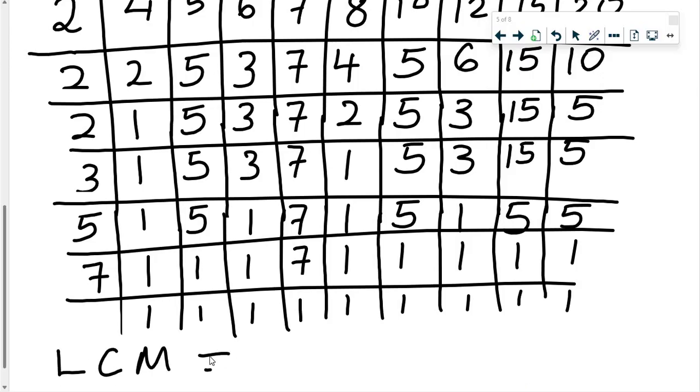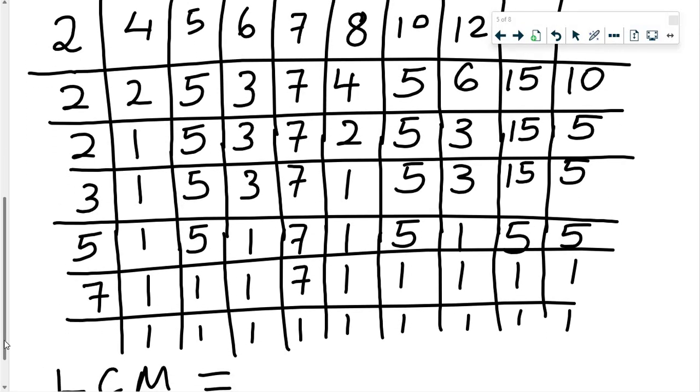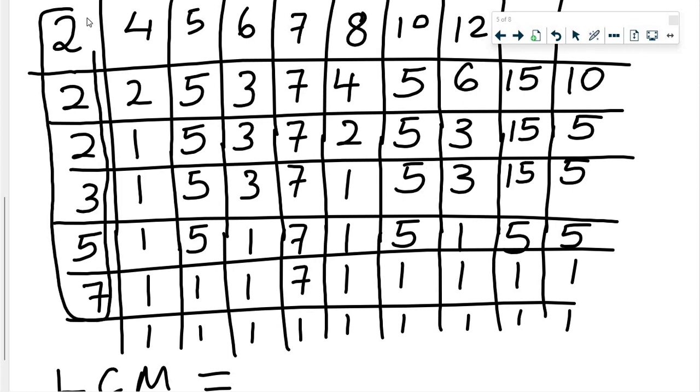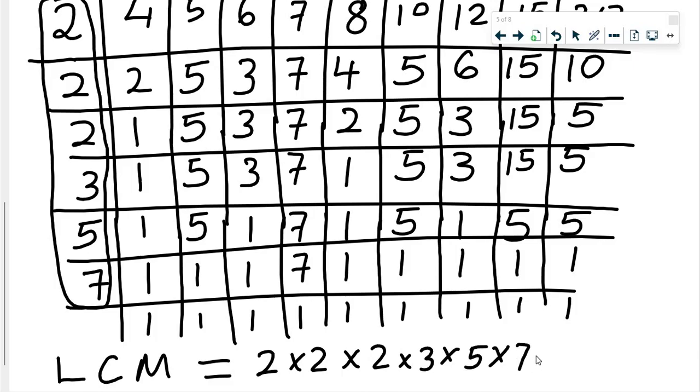What did I say? Take these numbers here and multiply them. That will give you the LCM. So we're going to do 2 into 2 into 2, into 3, into 5, into 7.